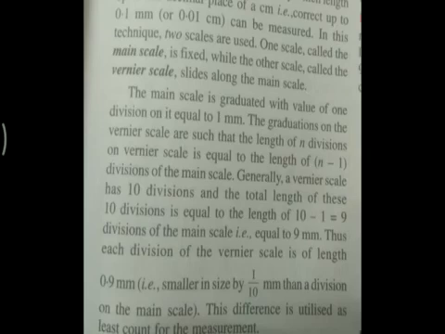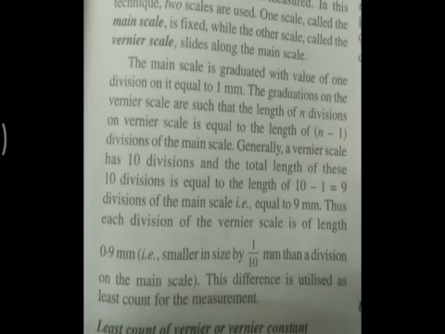What I am saying is that the length of 10 divisions of the vernier scale is equal to 9 divisions of the main scale only, right? So you can say that the value of one main scale division is 1 mm, right?